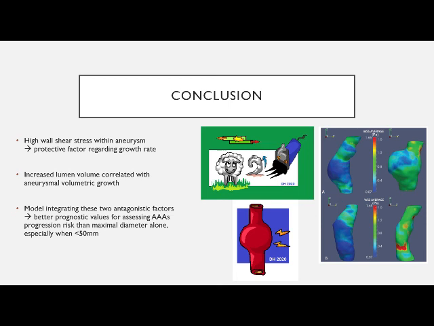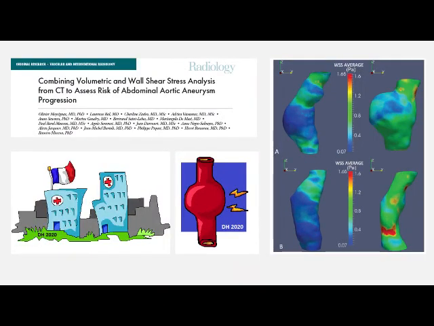So this is an article that you can read up on, and I thought it was very interesting that they're challenging a very classic concept, the diameter, that's used a lot to assess the risk of rupture in abdominal aneurysms. And they also classically use the increase in this diameter over time.